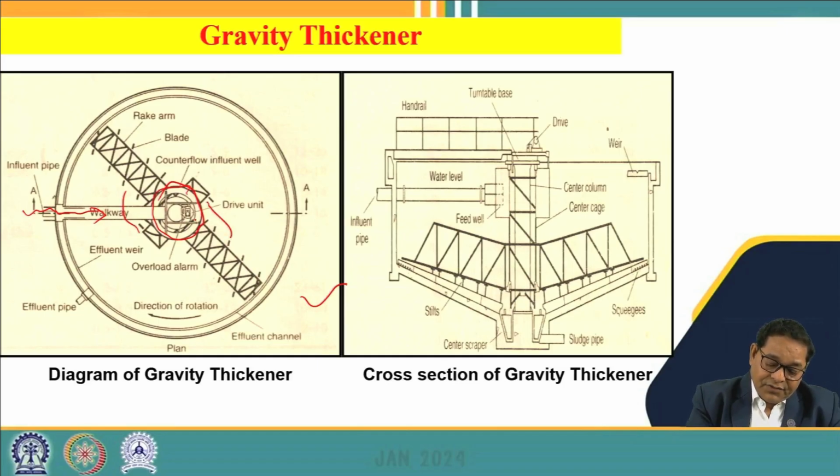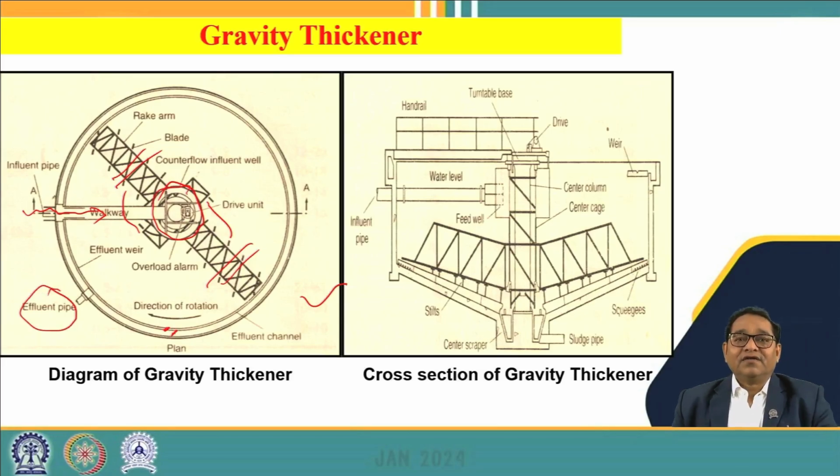Inside this central well there is a rotational system, with rotating arms attached, which rotate in a clockwise direction, so that the entire mass of sludge coming into this tank is rotated at a certain speed so as to separate out the water from the sludge. And then here we see the weirs provided, and then there are the effluent launders, and this is the effluent pipe from where the water can be removed.